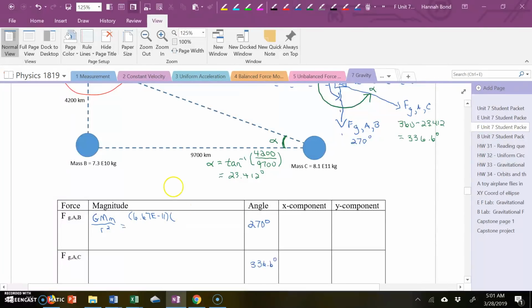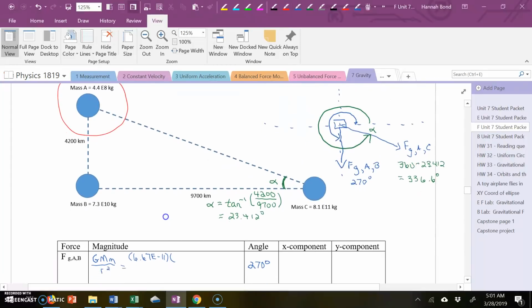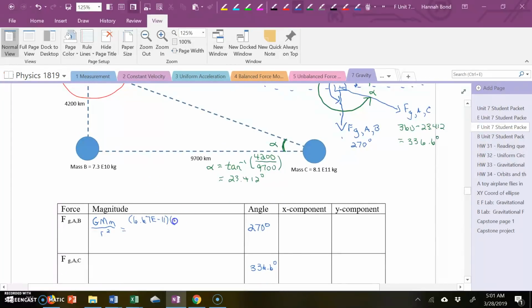Okay, so I have mass of A is 4.4 e to the 8th. Mass of B is 7.3 e to the 10th. And it tells me that they are 4,200 kilometers apart. Remember, I have to make that meters by multiplying by 1,000. Okay. So let's see what this is.